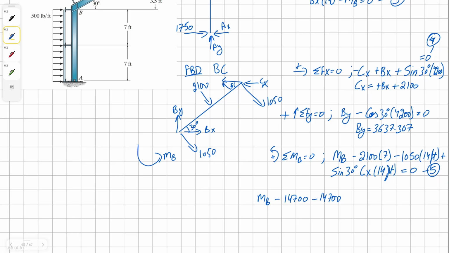Yes, so it's going to be positive because it's counterclockwise. So positive 7Cx equals 0.